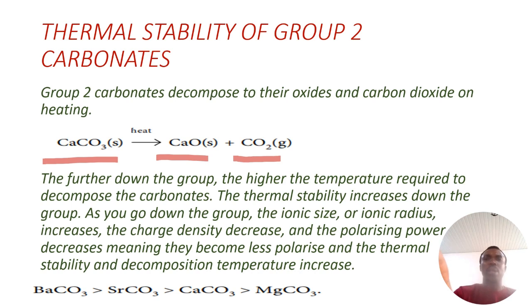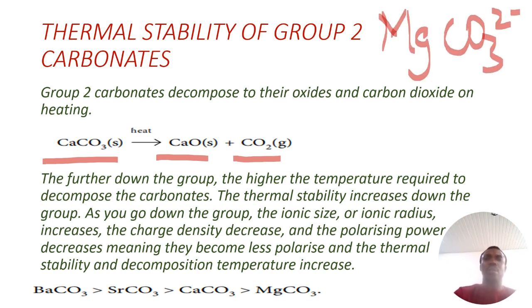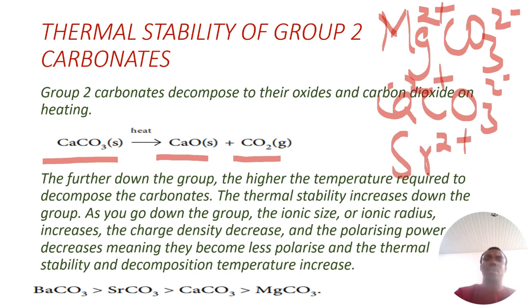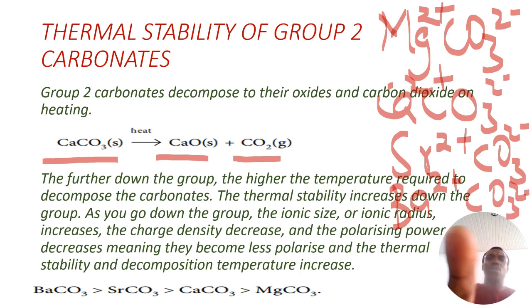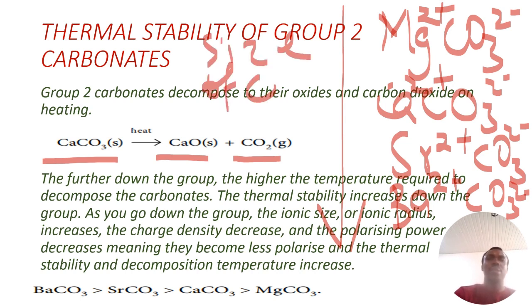Now these are group 2 carbonates. We have magnesium carbonate, MgCO3, Mg2+ CO3 2-, calcium carbonate, Ca2+ CO3 2-, strontium carbonate, Sr2+ CO3 2-, barium carbonate, Ba2+ CO3 2-. So as you go down the group, what happens is that the size of the cation increases.